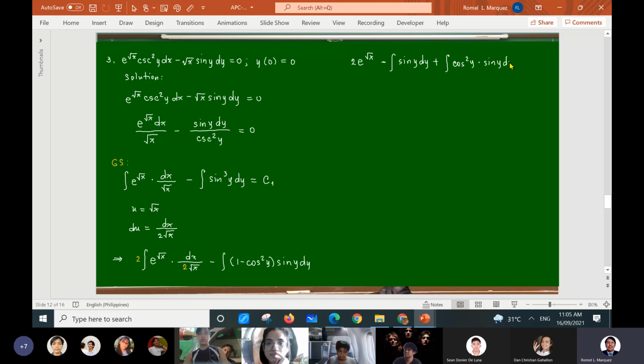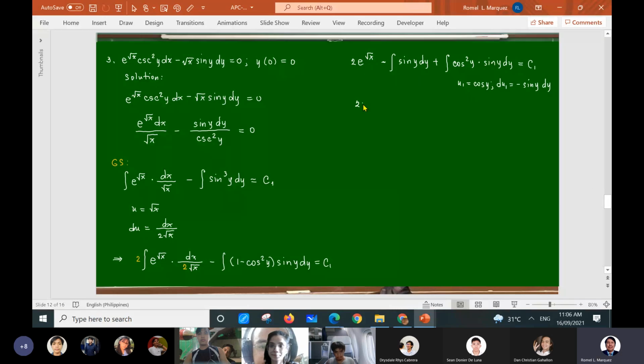Okay, children? Guys, what is the right side? C1. But if my u here is cosine, what is my du, children? Negative sine y dy. I put negative, I balanced by negative.